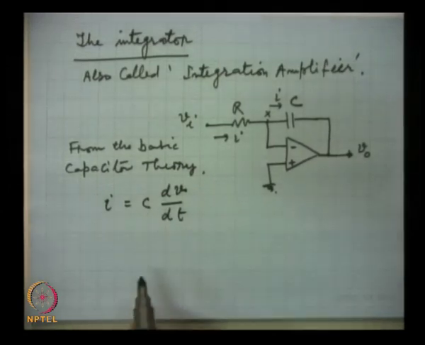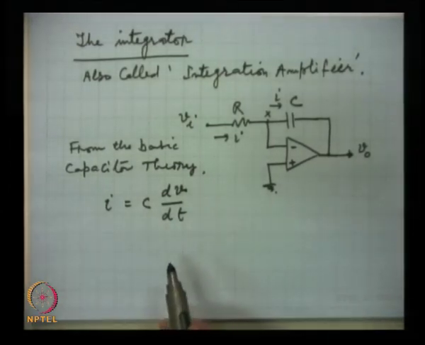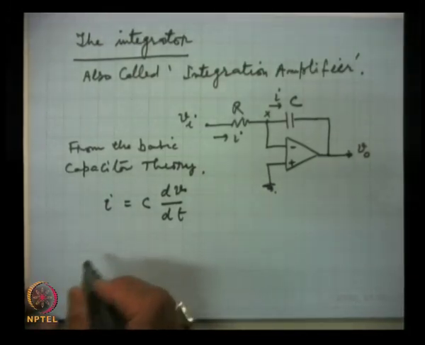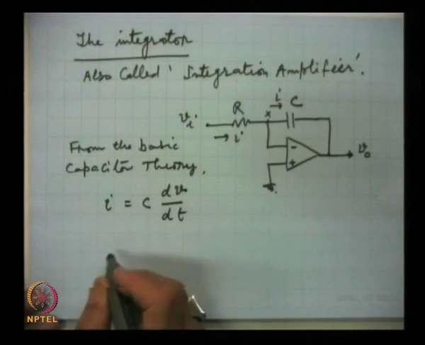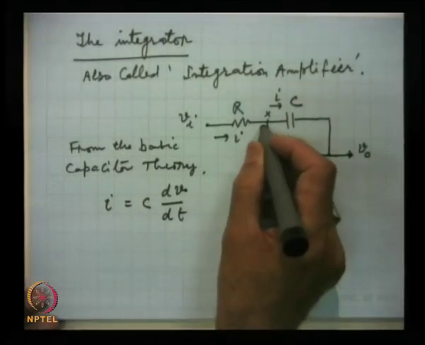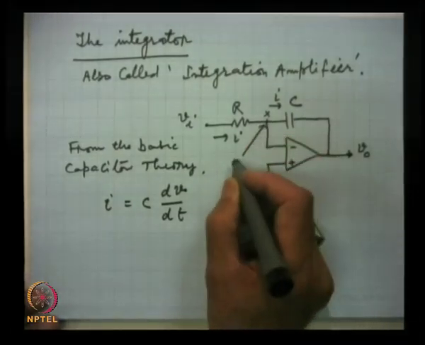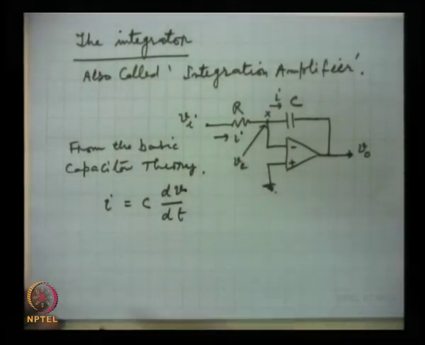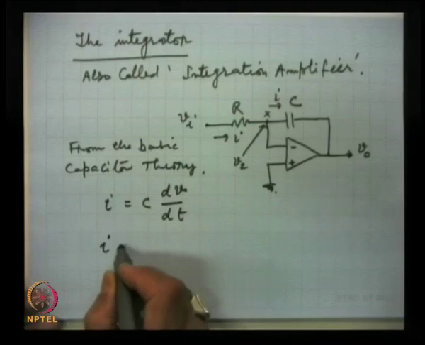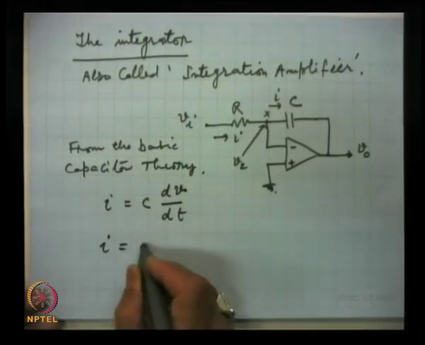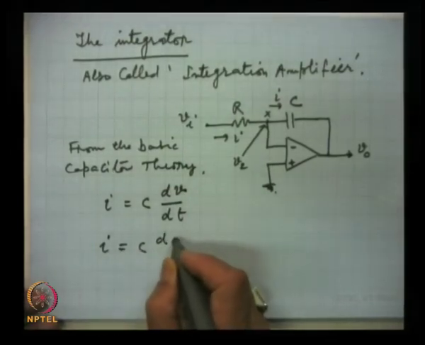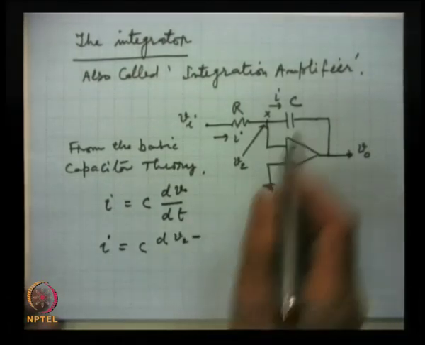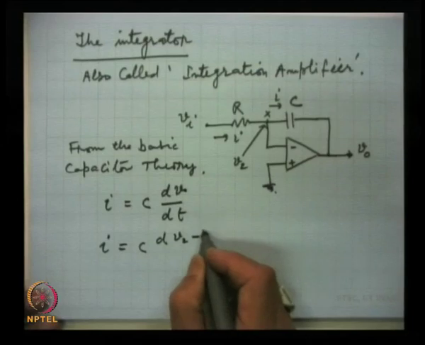Now, applying this equation in the present case, let us say, which of course this voltage is V2, which is 0, but for the sake of the argument, this is C into d(V2 minus V0), the two sides of the capacitor.